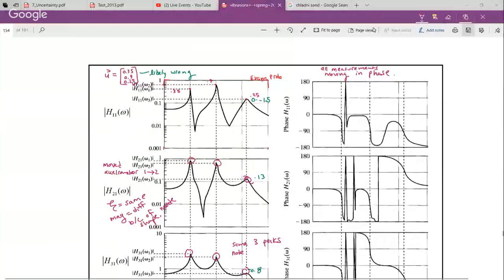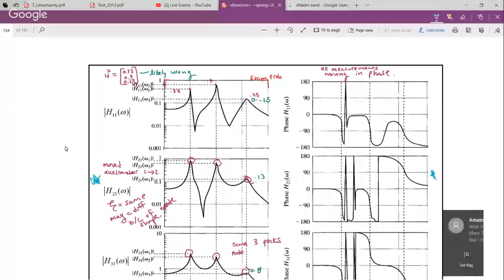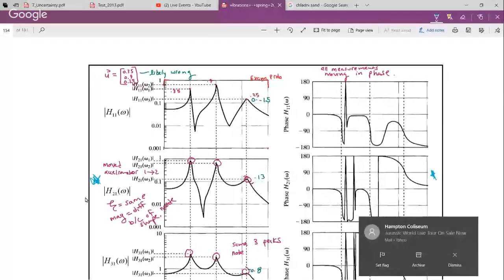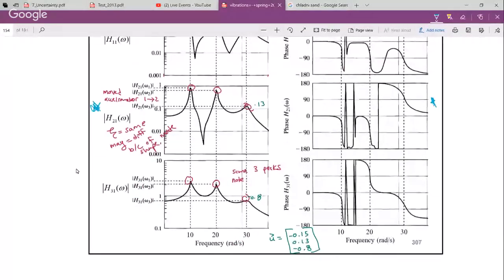The two plots in the middle are magnitude and phase when we move the accelerometer to location 2, still striking the hammer at location 1. And the bottom frequency response, magnitude and phase, is when we move the accelerometer to location 3.